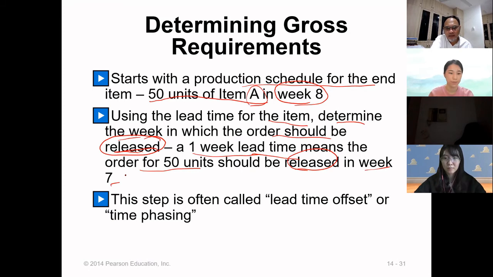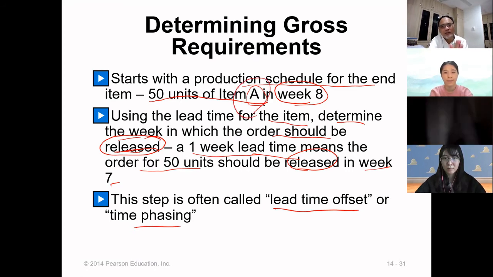This method is called lead time offset or time phasing. Week 7 released order, then week 8 A will be completed. So this is only gross.